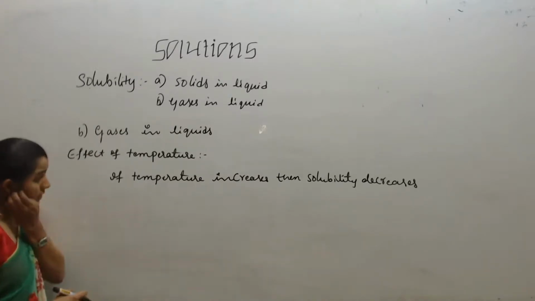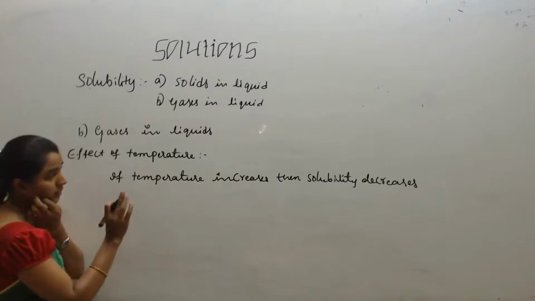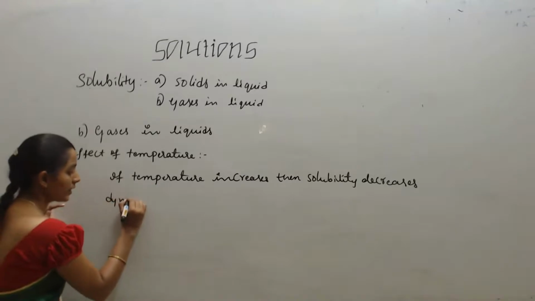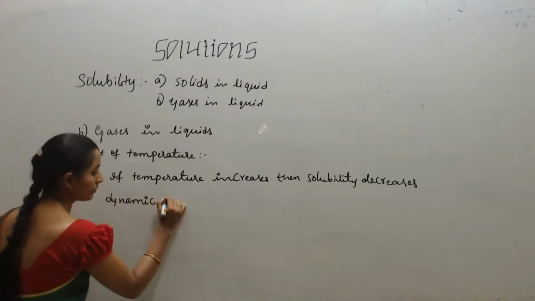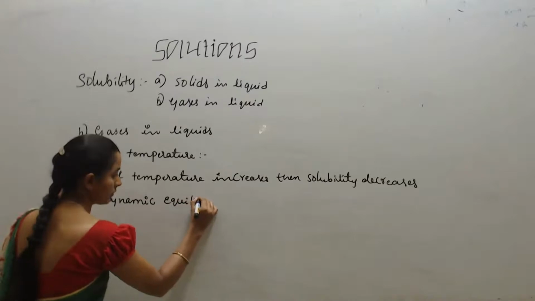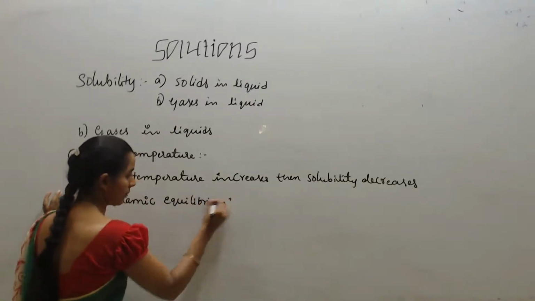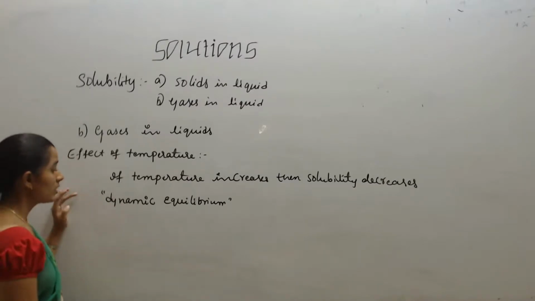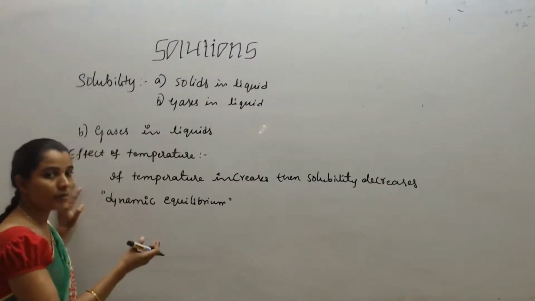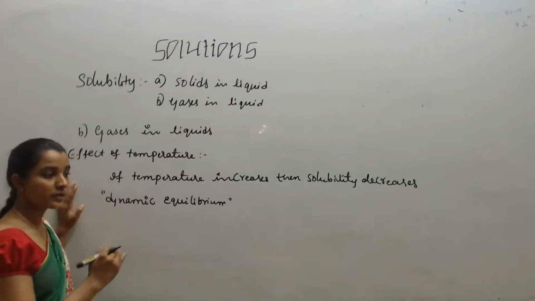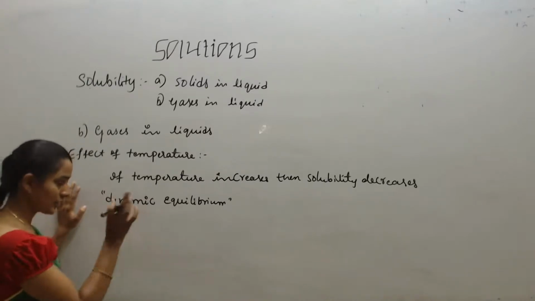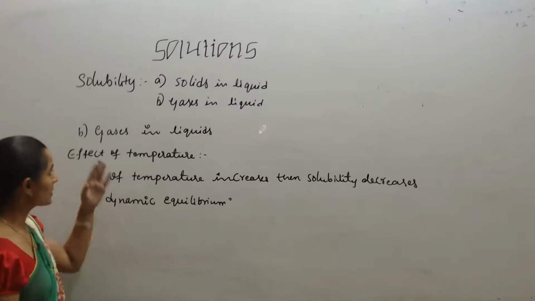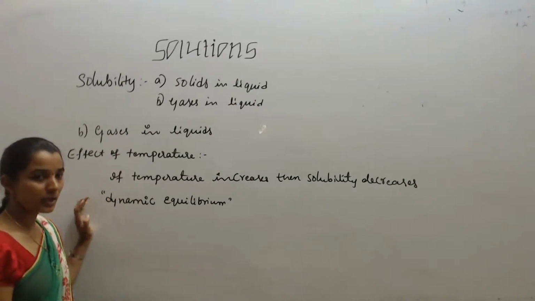Why? Listen, students. This is compared with the dynamic equilibrium. In dynamic equilibrium, however much solute is dissolved, that much solute is also liberated when at equilibrium, as I told you before for solids in liquids. The same thing applies for gases in liquids. So what happens here, students?